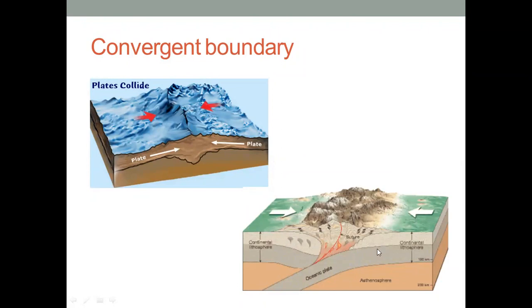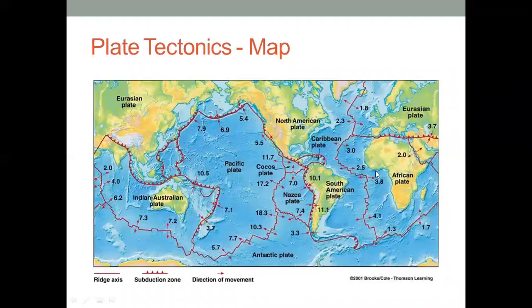When these two continental plates collide with each other, then at the junction of these two boundaries, formation of mountains happens. These are the plate tectonics map with the magnitude of the earthquake. This is a 5.7 earthquake, 3.7, 10.5, 1.7, so like that.